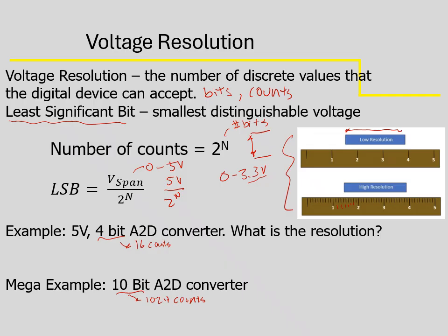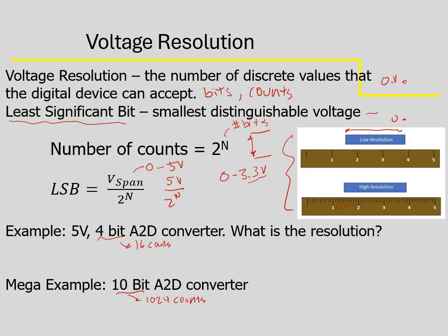So the maximum error of your system will be half of the least significant bit. If you think about it, let's say the least significant bit is a change of 0.1 volts.